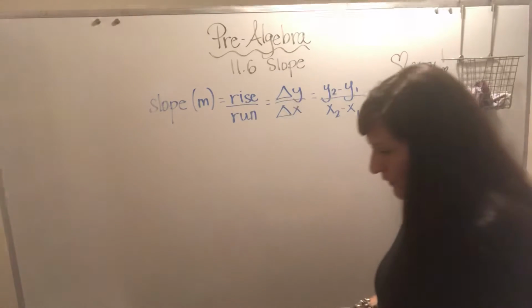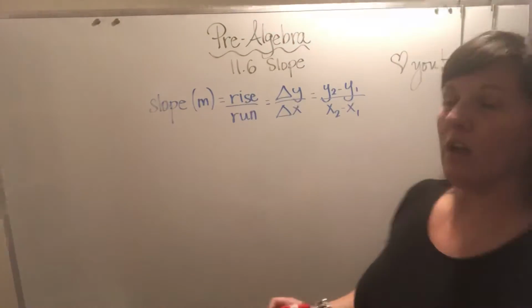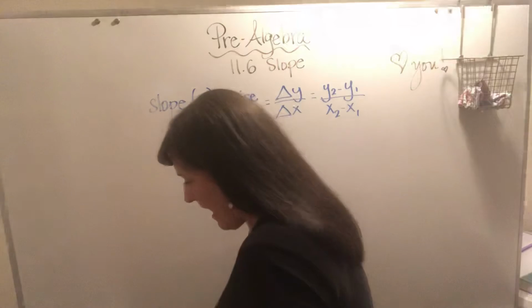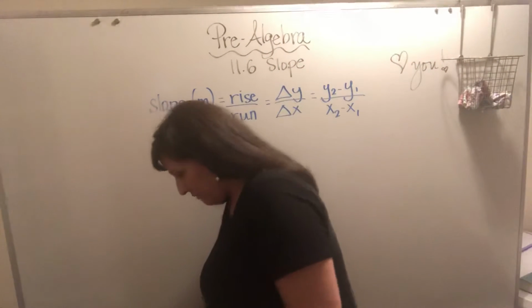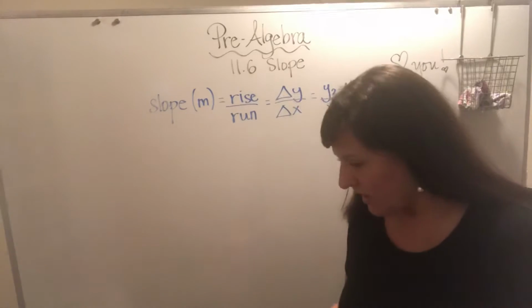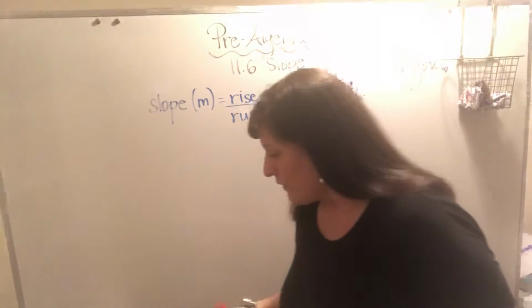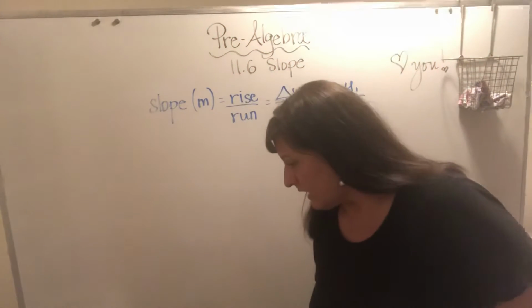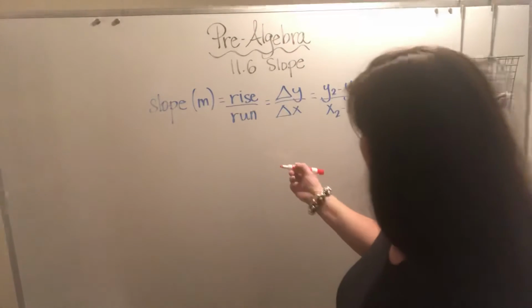And in your book, if you're following along, you can look at slope a few different ways. You may have a graph. I'm not going to walk through all the examples with you because you can see those for yourself. If you look on page 613, you can see that they have a graph there.